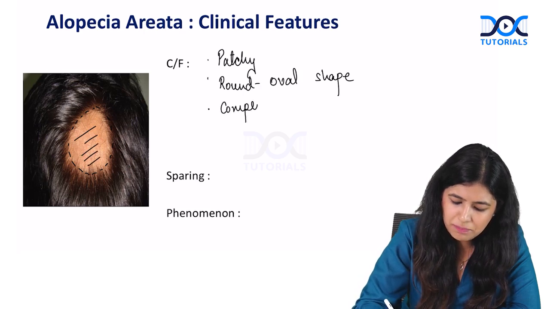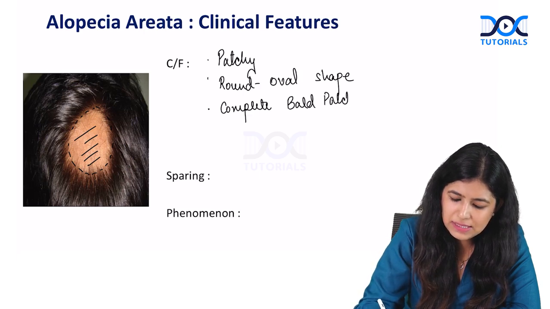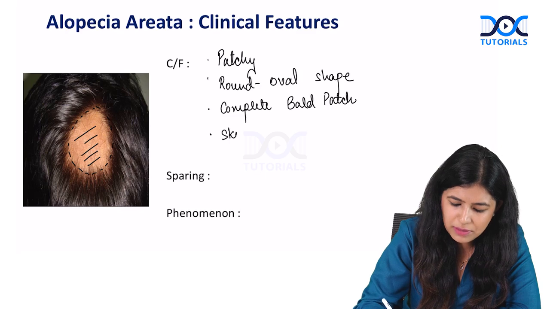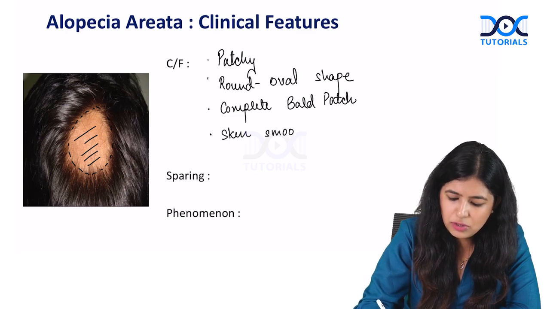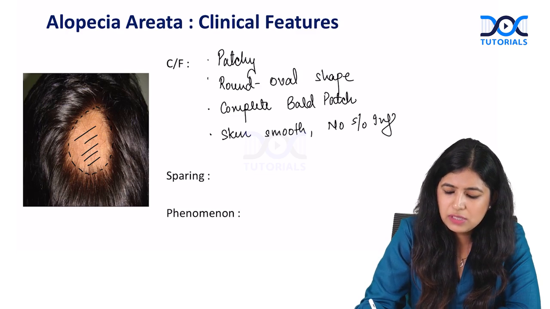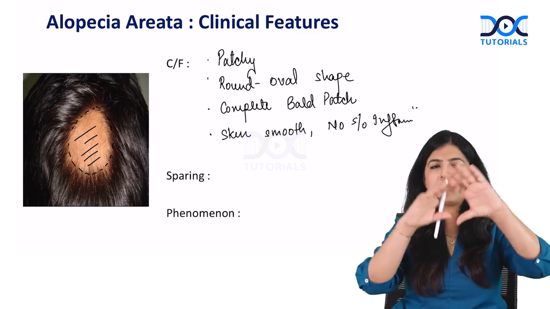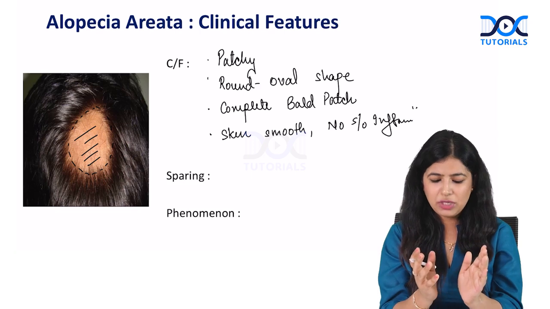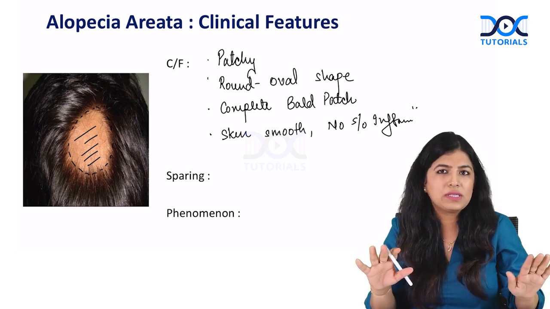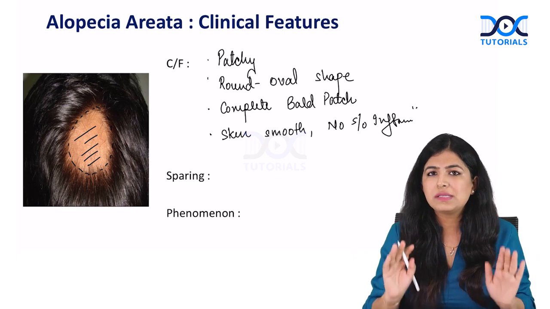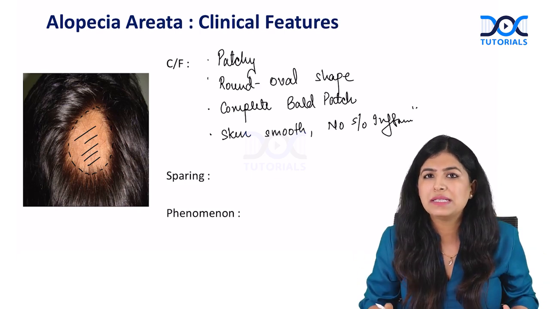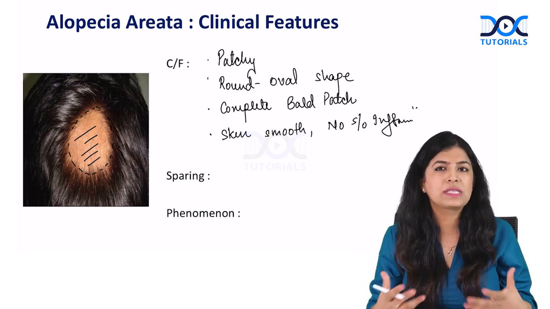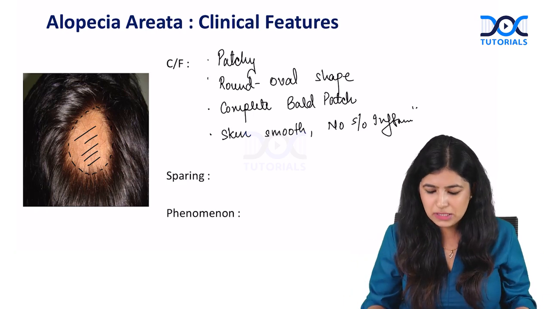There is a complete bald patch, and the skin here is smooth with no signs of inflammation. Okay, so what you see here is a round circular patch of alopecia with complete hair loss in the patch and the skin is smooth, there are no visible signs of inflammation. That means no scaling, no vesicles, no pustules.